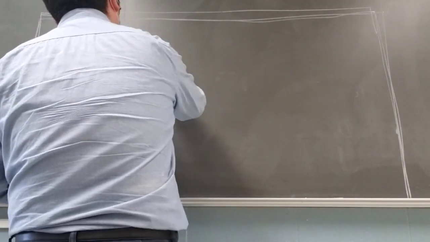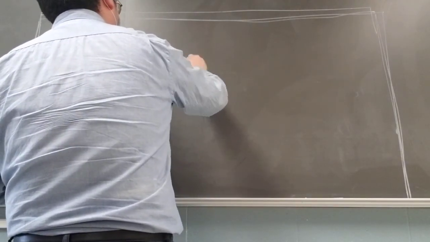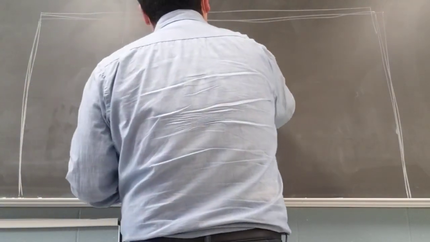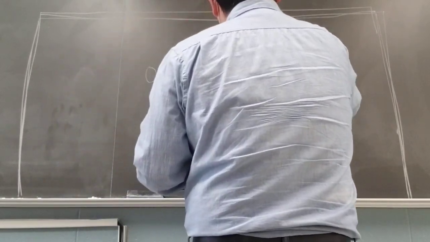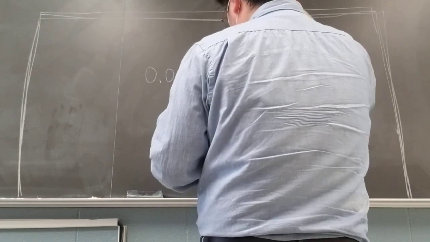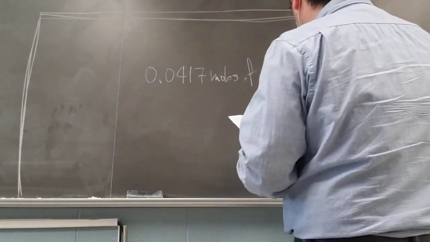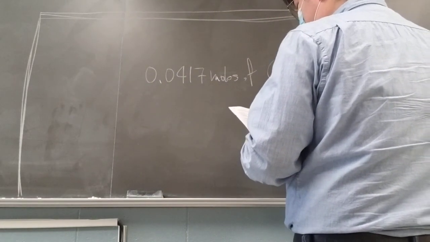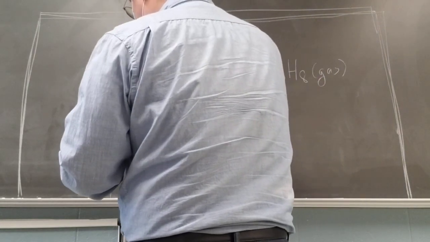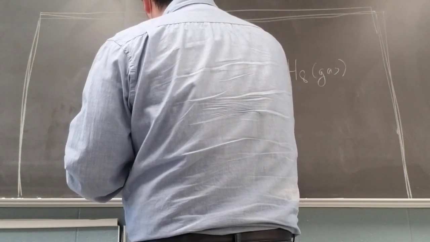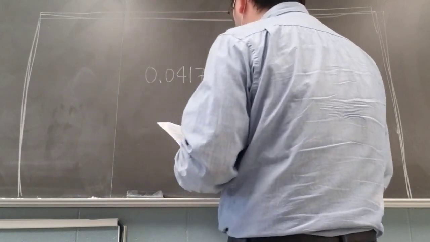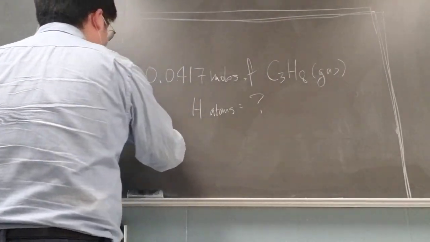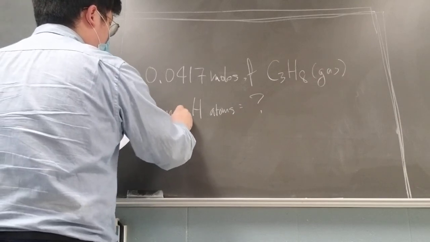Okay, next one is if you have 0.0417 moles of C3H8 propane gas molecule, how many hydrogen atoms are there? Okay, I'll give you about 2 or 3 minutes.